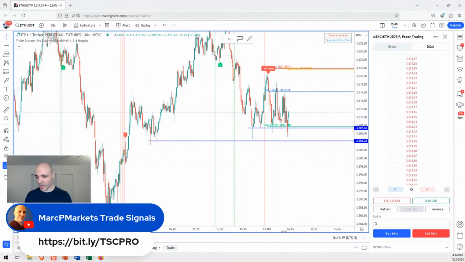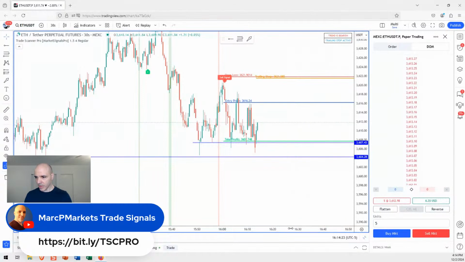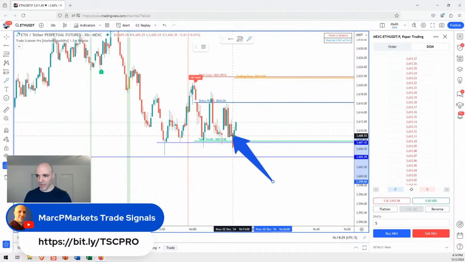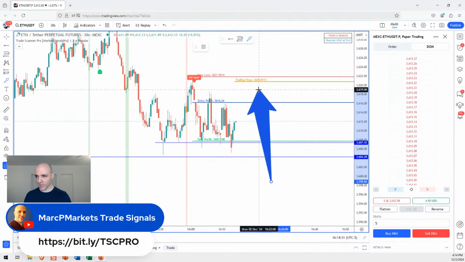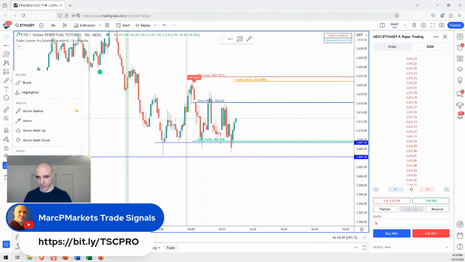The trailing stop will just keep me in this trade until it goes to the trailing stop. As you can see, price is not leaving this area, so the trailing stop is having a hard time advancing, because it'll only advance when price is making progress. Price is not making progress.